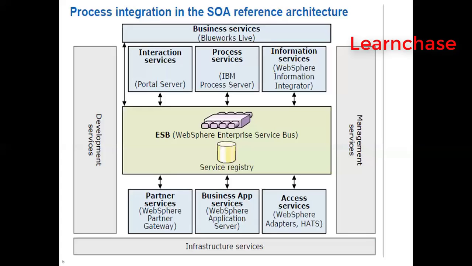It can talk to your BlueWorks Live, it can talk to your process server like process services. They are separate software, if you understand it that way. So we have WebSphere Information Aggregator. This is again a separate software from IBM itself.